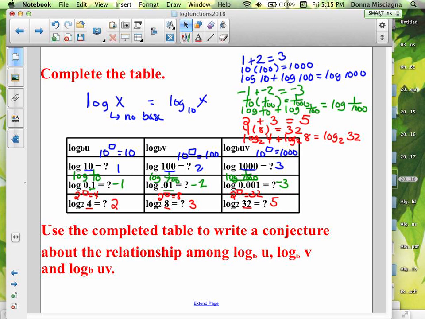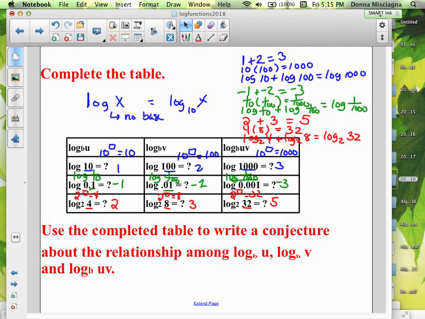I wonder what it looked like for you. Because actually what I've just demonstrated here is something called the product rule. And it's the first property that we're going to learn about in this particular podcast, the product rule. Because remember, logs are exponents. So any property that holds for an exponent is going to hold for a log. And I have just demonstrated the first one, which is the product rule.